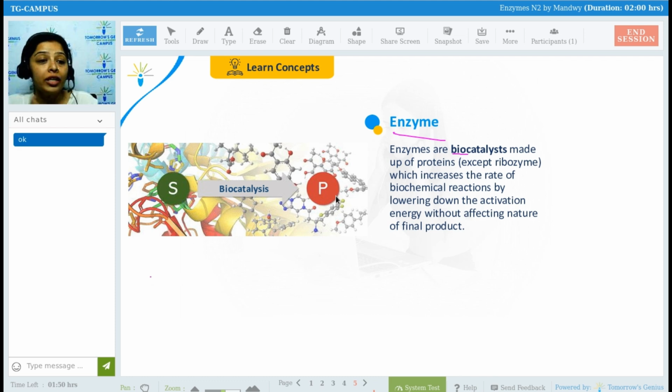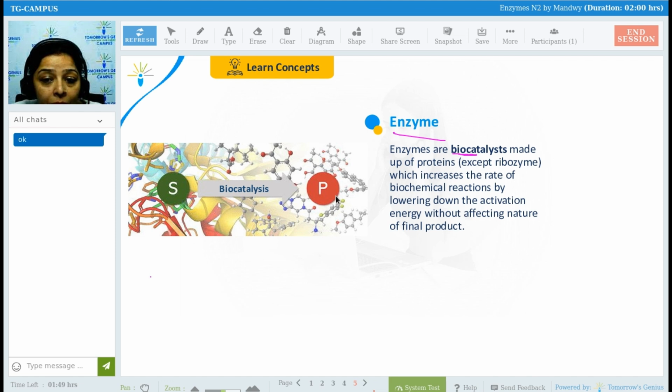Any substance which increases or accelerates a reaction is a catalyst. So an enzyme is the catalyst which enhances chemical reactions inside the cell, inside the living body. So it is a living catalyst, or biocatalyst.